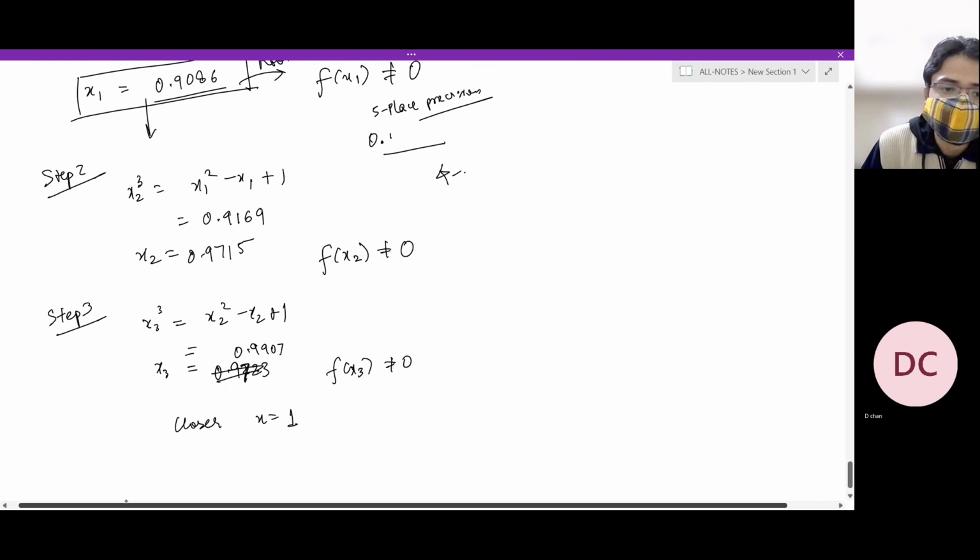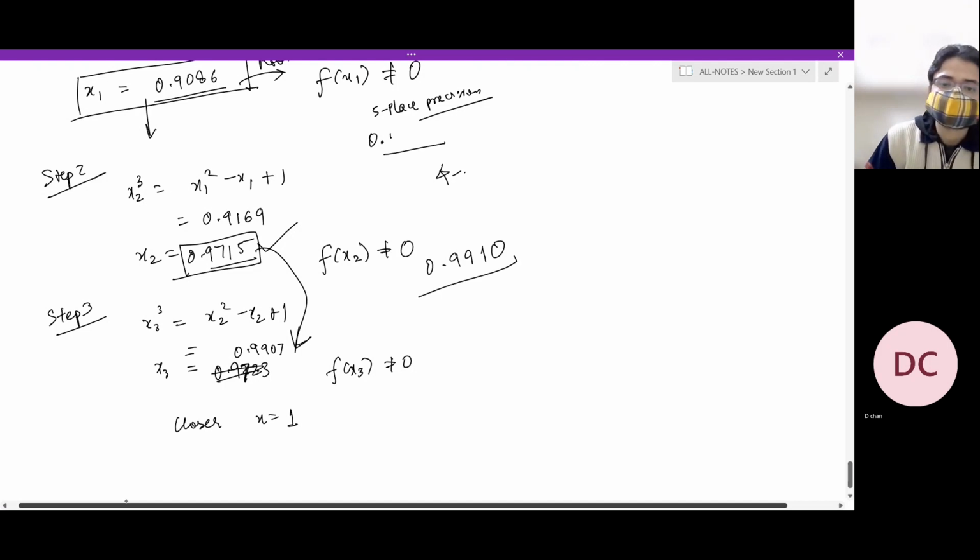So if you are reporting your values in 4 decimal precision, you must keep that in mind. Even if you get, let's say, 0.991, you have to report it with an extra 0 so that it is clear you are working with 4 decimal precision. Just a quick tip right here.